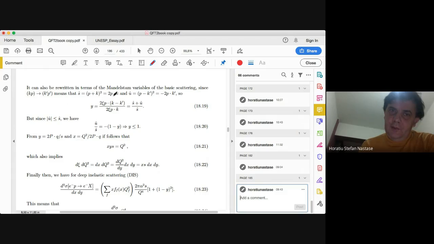So this is 2 p dot k, and u hat is p minus k prime squared, and again the outgoing electron with momentum k prime is also light-like, so it squares to 0. So this is equal to minus 2p dot k prime.